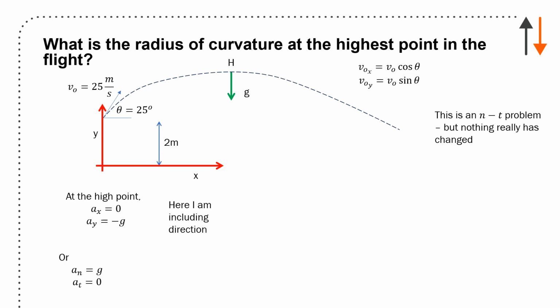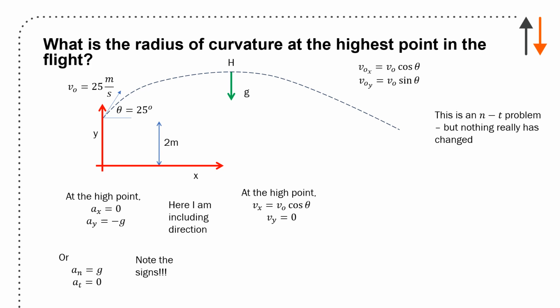And here I am including direction. So when I go to an, g is pointing down towards the center of curvature, and acceleration normal is also going to be positive. Acceleration tangential remains 0 because it's at the top of its flight. Note the signs, and this is really important, and one of the reasons why it's useful to draw out these images.